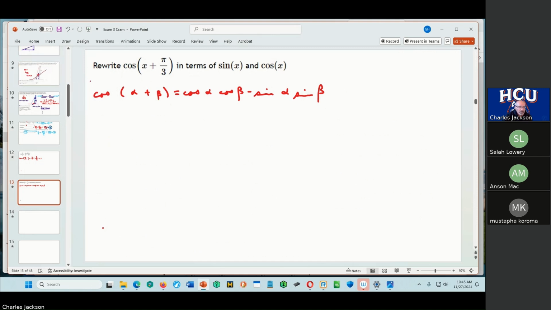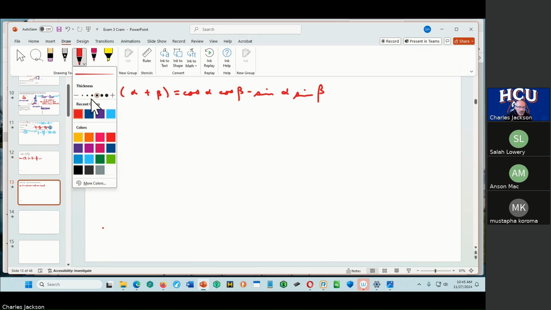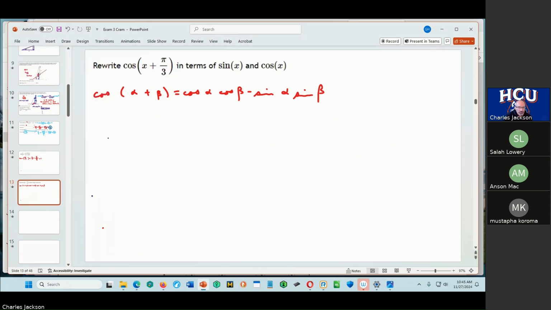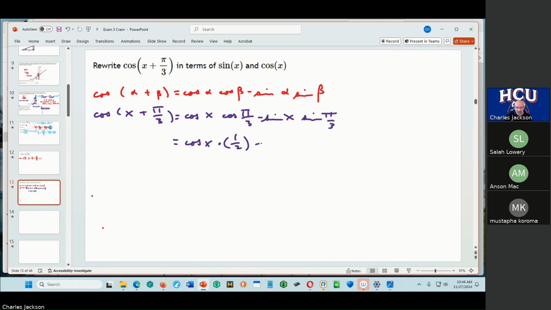Anyway, for this problem, cos of x plus pi over 3 equals cos x cos pi over 3 minus sine x sine pi over 3, which is cos x times 1/2 minus sine x times square root of 3 over 2.